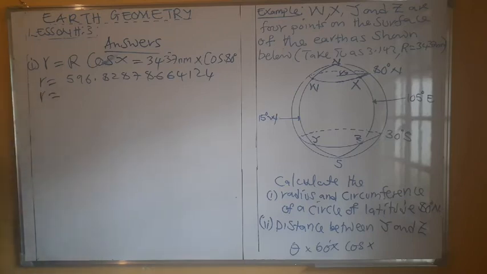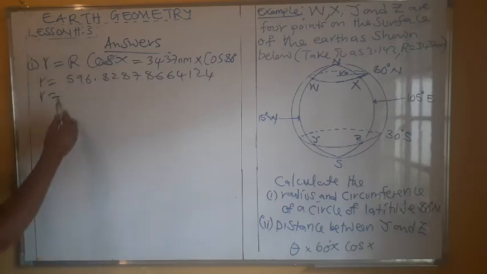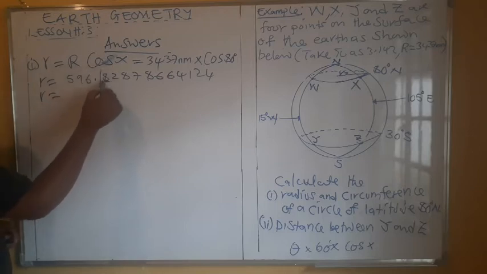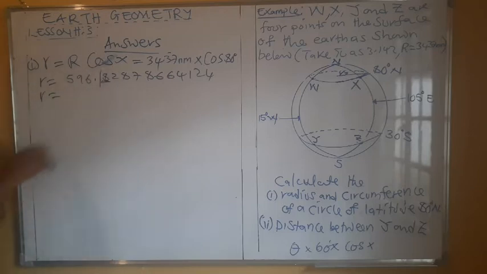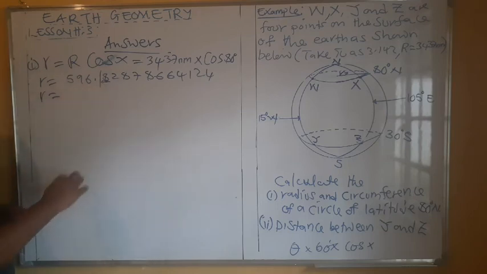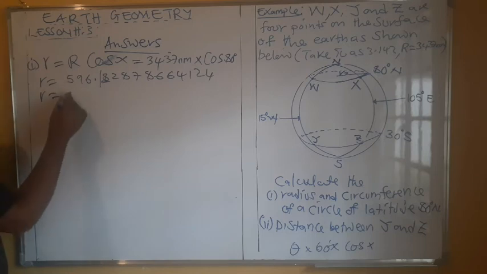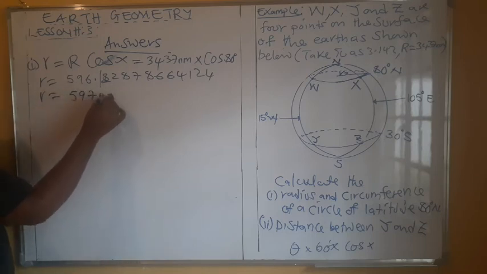You round this off to 3 significant figures in most cases, but that's what we are advised. So we are going to say 1, 2, 3. We chop a line there and consider the next number here. If the number that is there is above 5, it's 1. 5 and above, it's 1. 4 and below, it's taken to be a 0. So in this case, we'll take 8 to be 1. Then we say 1 plus 6, so I have 7. So I have 597 nautical miles.